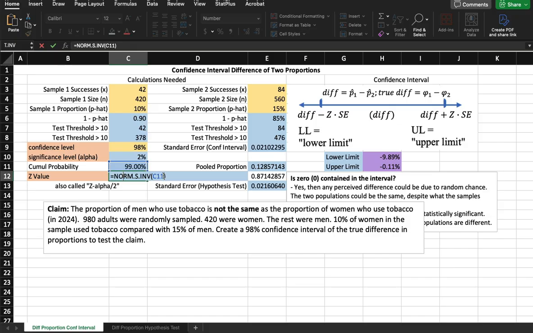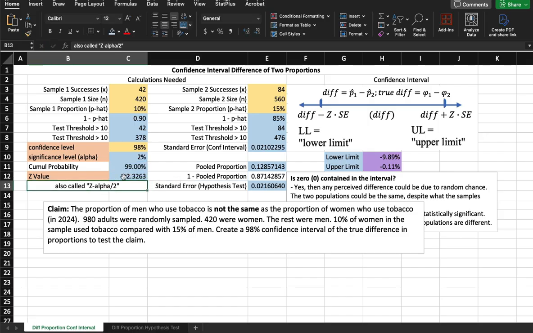We need our cumulative probability inside the parentheses there, and we're getting the standard normal z-score, which is basically the inverse of the standard normal function in Excel. So if you typed in everything correctly, our z-value should be 2.3263. You can have more or less decimal places, but that's the value.